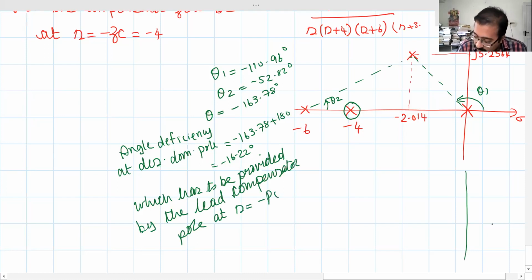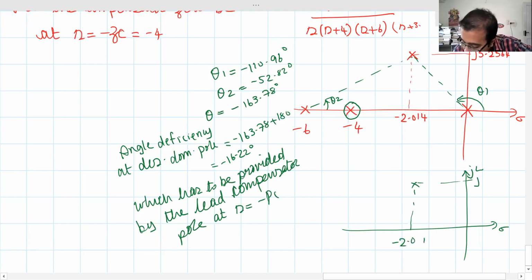Now again we will redraw the sigma j omega plane. This is the desired dominant pole, minus 2.014 and j 5.2564.